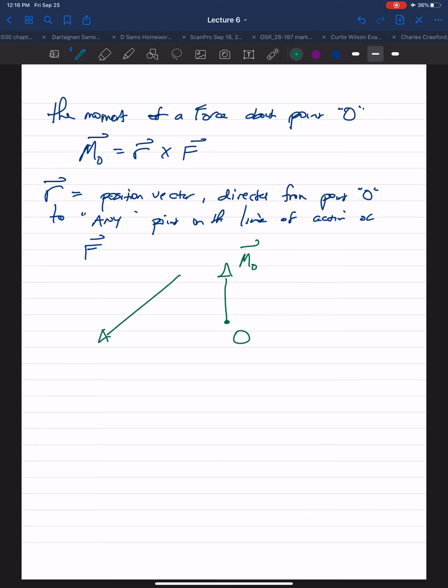Have some force F. The line of action we said extends. If I direct a position vector r to any point on that line of action of force F, it creates some angle theta here.